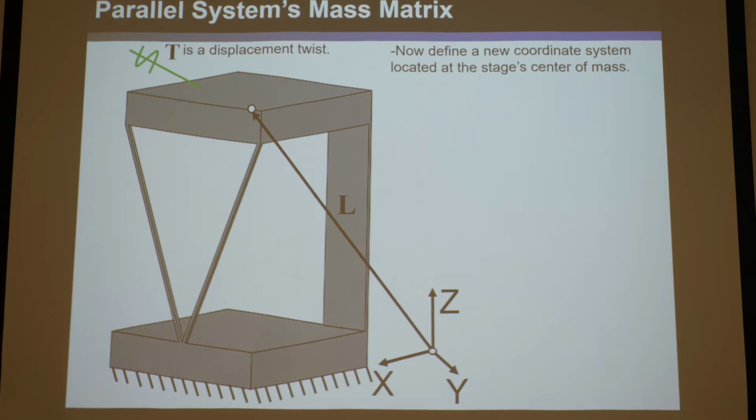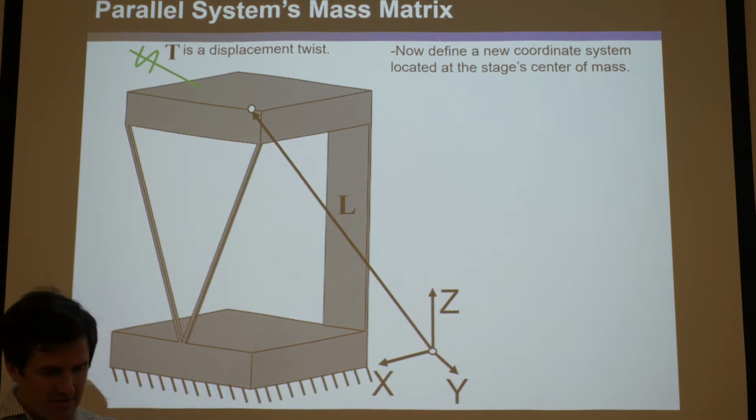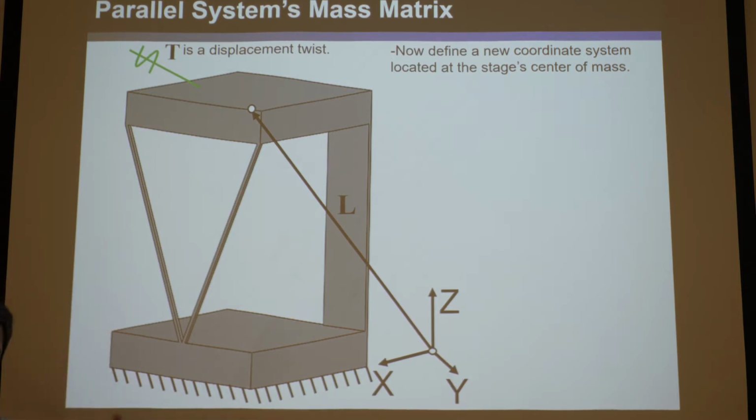Okay. So now what you would do is, but again, when you're considering inertia of a body, you don't just consider its mass, right? That's kind of the linear component of inertia. What you also need to consider is the angular mass, or kind of the mass moment of inertias.